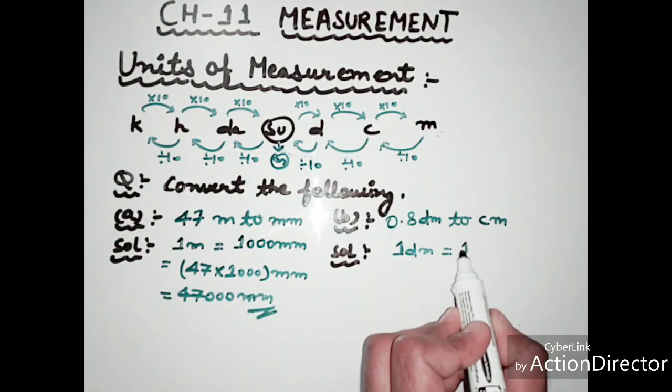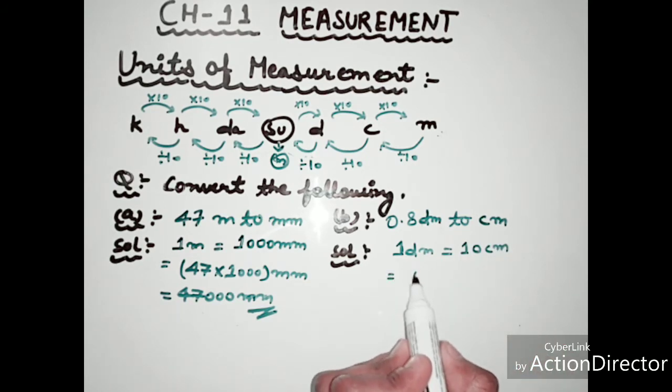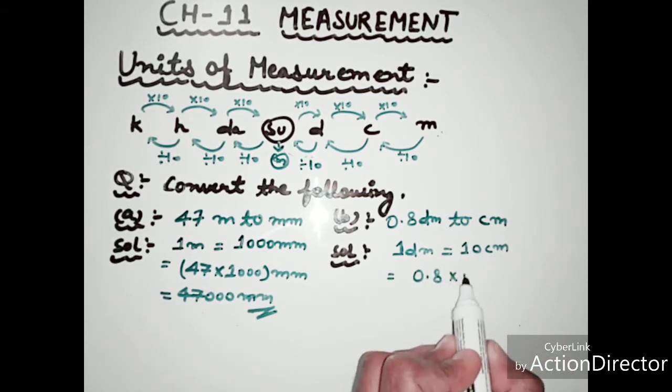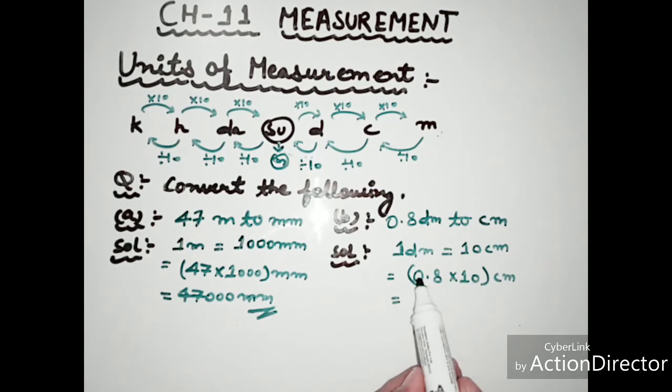So 1 decimeter equal to 10 centimeter. So we multiply 0.8 by 10, and if you multiply 0.8 by 10, so decimal move to one place to the right hand side, means we get 8 centimeter.